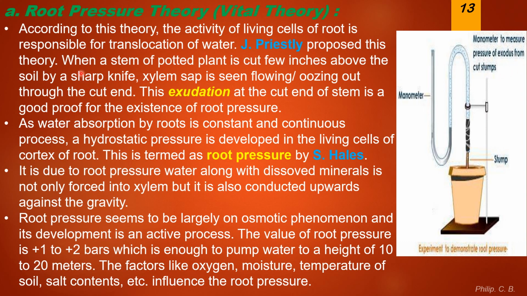So here first point, according to this theory, the activity of living cells of root is responsible for translocation of water. That is, the living cells of root are the reason for translocation of water.